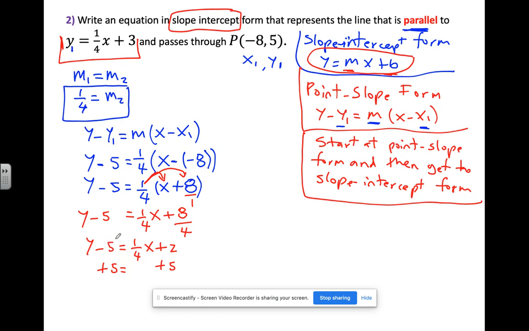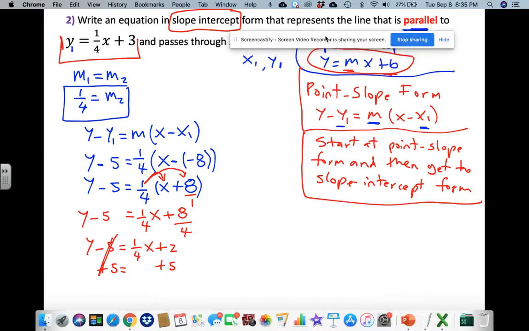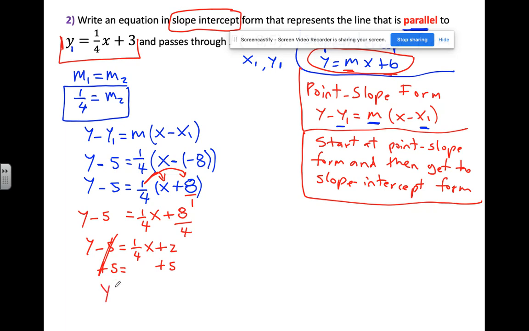So -5 plus 5 is going to cancel out, and I'm going to have the y on the left side by itself. Okay? So bring down the y. The 5's cancel. I bring down the 1/4 of x, and then 2 plus 5 is 7. And this is the equation in slope-intercept form.